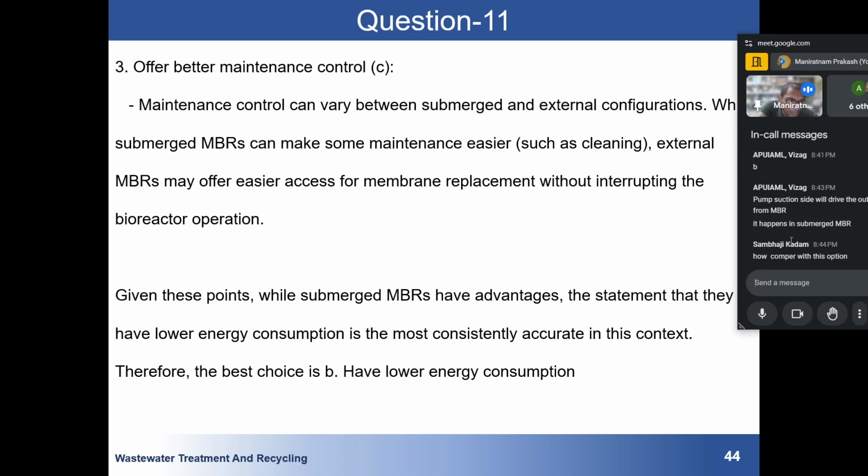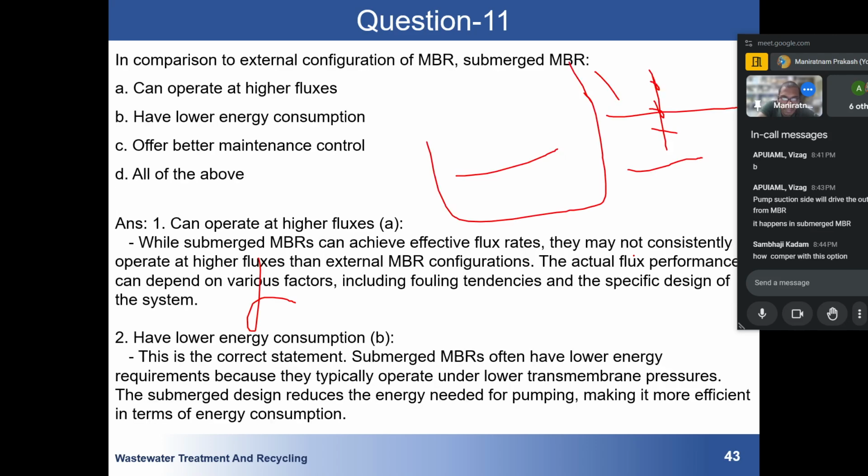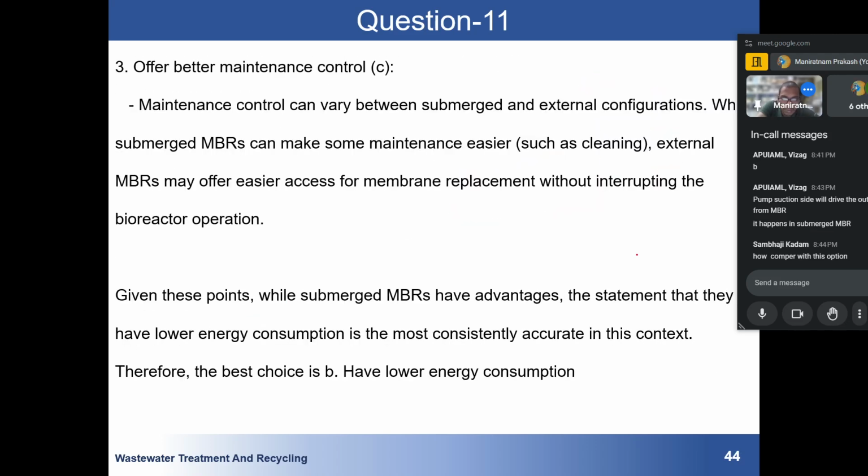Okay, how does it compare with this option? Which option? Which option? How does it compare with this option?